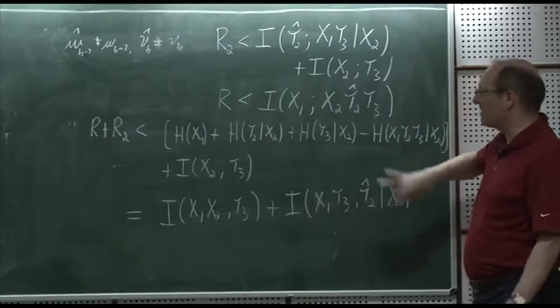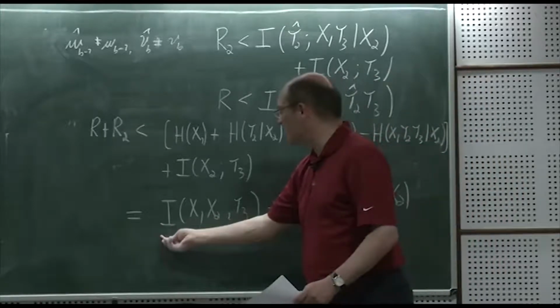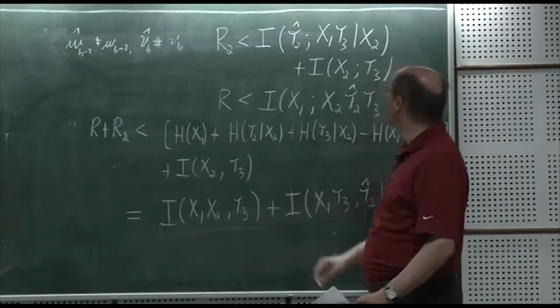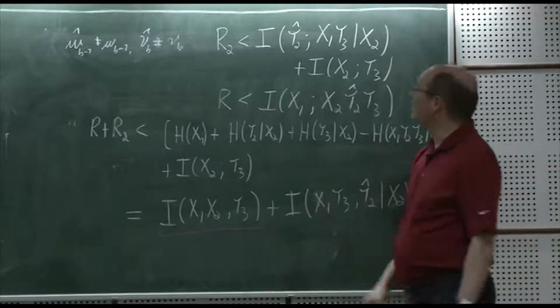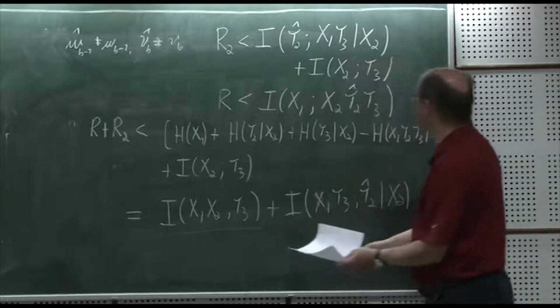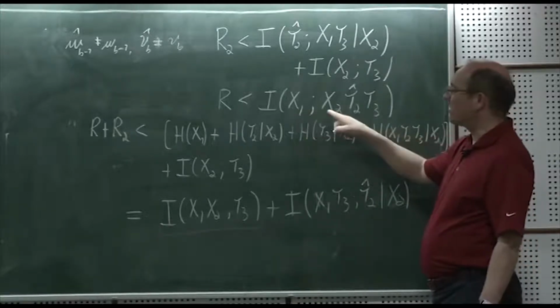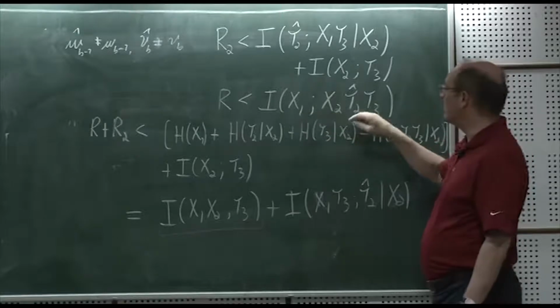So we get this. The important reason I wanted to write it in this form is because I'm getting this piece, which is what I'm looking for. Also, if we look at this expression, this is the mutual information between x1 and x2, which is 0, plus x1 and this given x2.